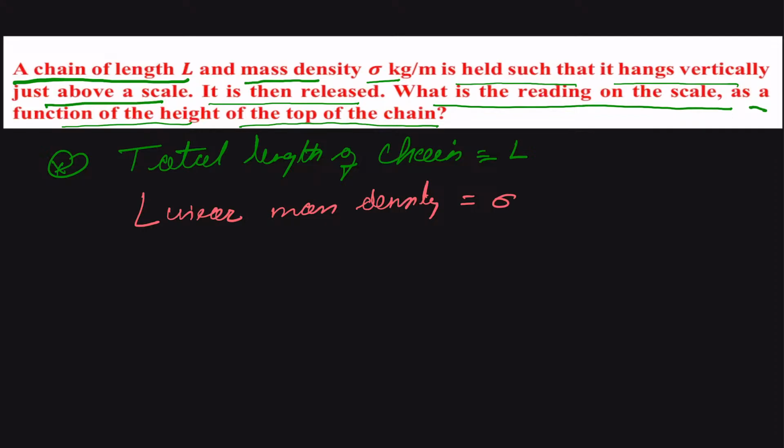Okay. And it says that initially it is just above the scale, vertically, and it is released from rest. Obviously the reading of the scale is nothing but the normal force as a function of height of the top of the chain.